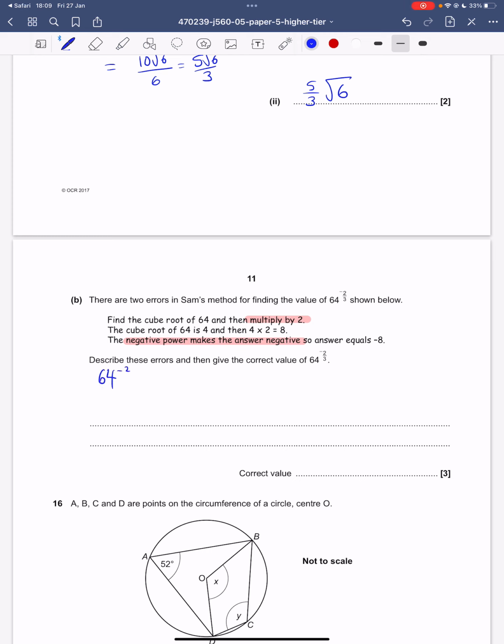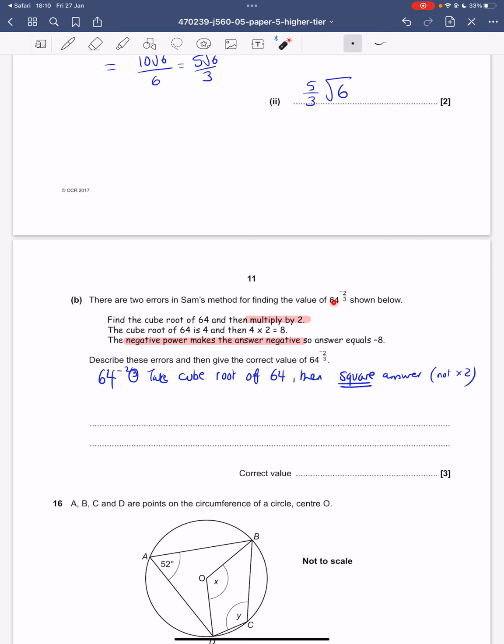64 to the minus 2/3. That's the cube root of 64. So we take the cube root of 64, then that's that bit done. Then we square the answer. So when you've got a fractional power, the denominator is that root.